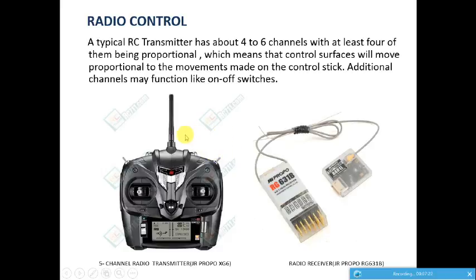Okay, so this is the radio transmitter antenna. Radio signals are transmitted through this antenna stick, and received by the receiver antenna. These wires which you see here are the receiver antenna, and this is the receiver, and these are the output pins of the receiver.